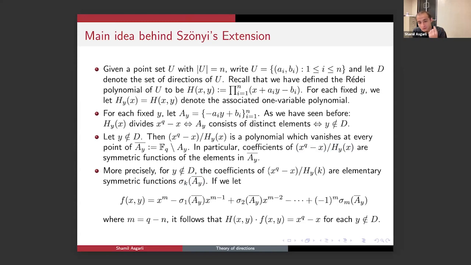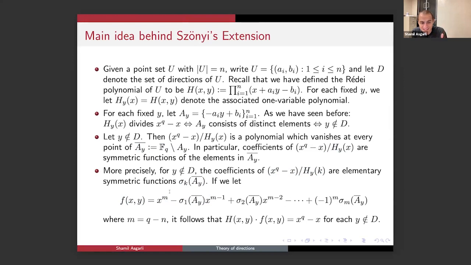So that means that if you look at this quotient, which I'm going to call f(x,y), well, it's a polynomial which vanishes exactly at every point of this set A_y bar. So its coefficients are symmetric polynomials in A_y bar.